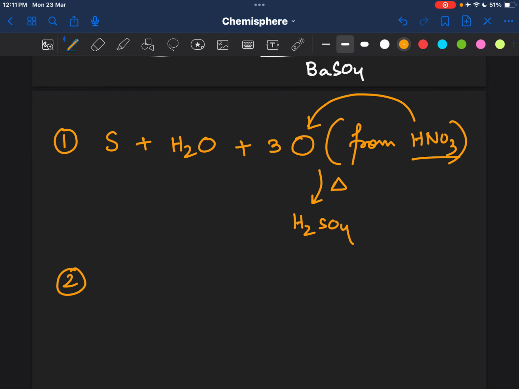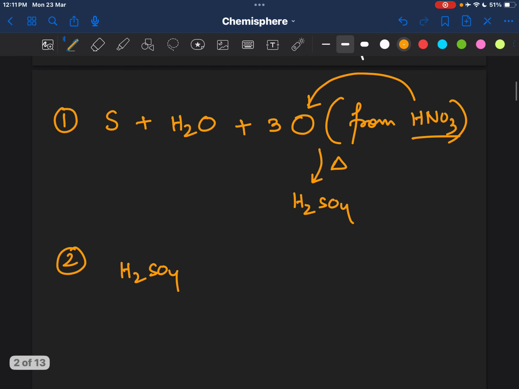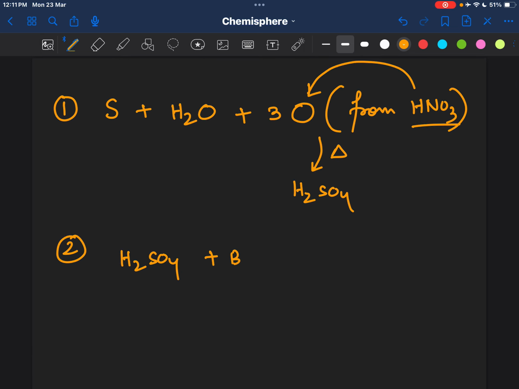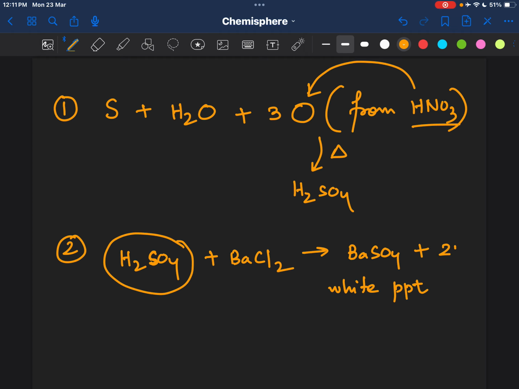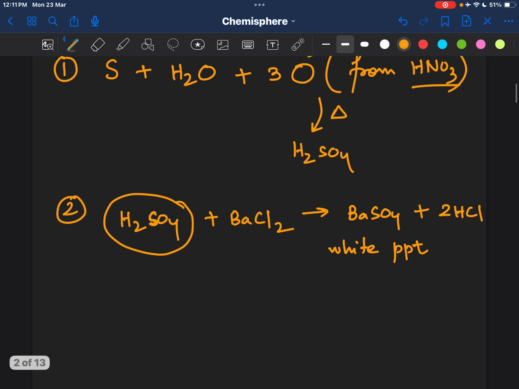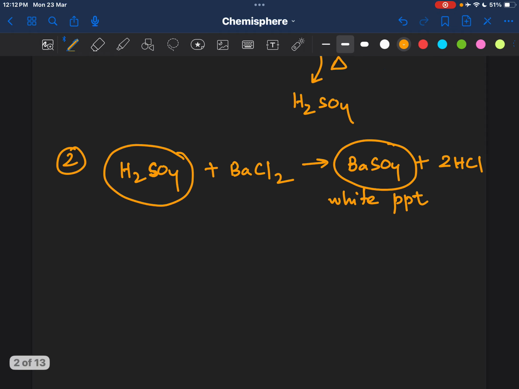The second step is we react this H2SO4 with excess of BaCl2, so that we convert all the sulfur in H2SO4 into a precipitate called barium sulfate, BaSO4, which is a white precipitate. You must have learned about this in class 10th. Plus 2HCl. The precipitate of BaSO4, after it has been formed, is filtered, washed, dried, and weighed.